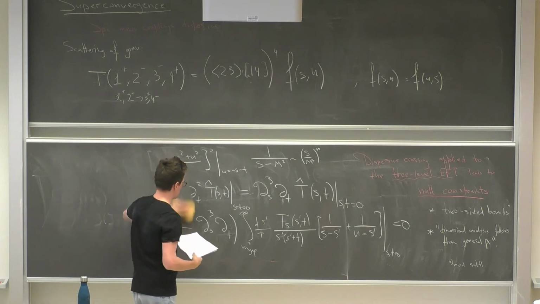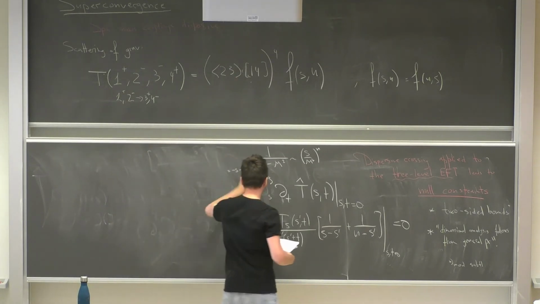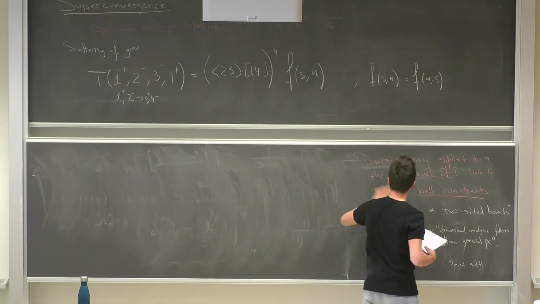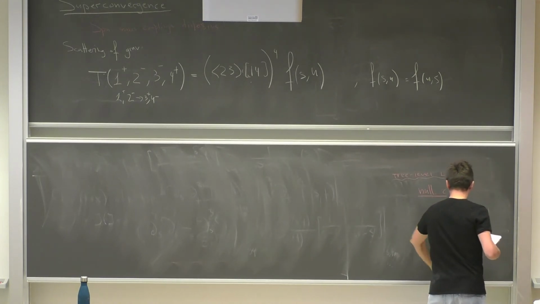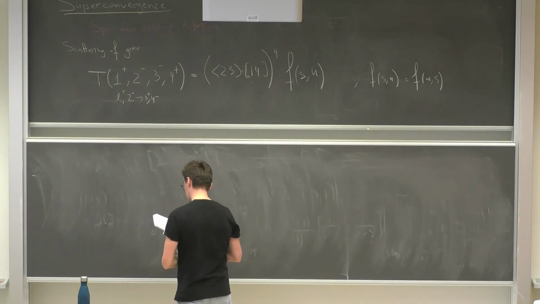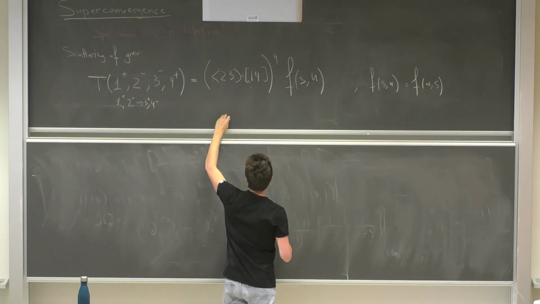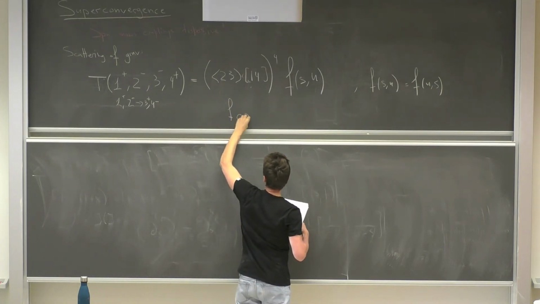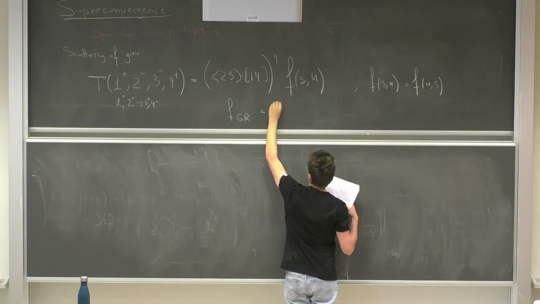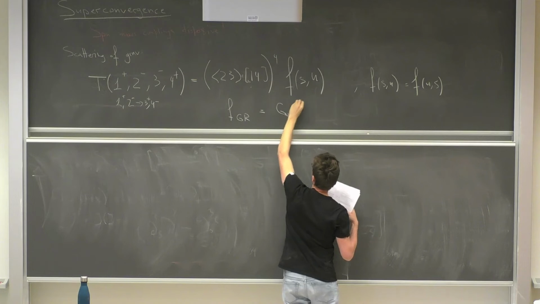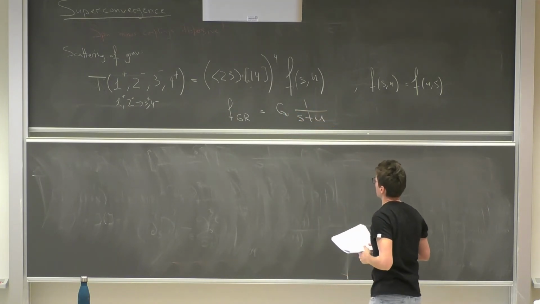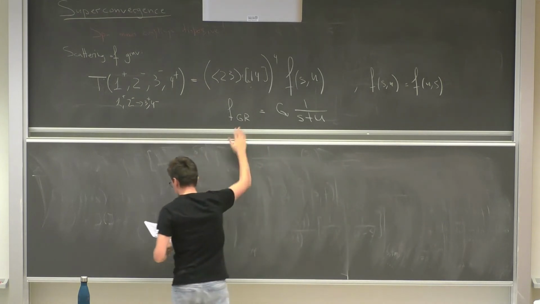If you compute this amplitude in just GR, you will find that this function takes the following form. That's the result in tree-level GR.